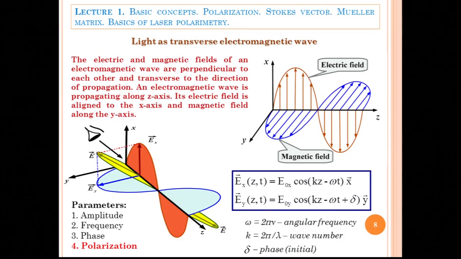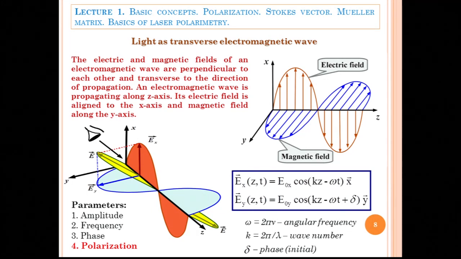Let's start with the light. You know that light is an electromagnetic wave. The electric vector oscillates, here you can see, in the X plane. The magnetic vector oscillates in the Y plane. And the direction of propagation is along the Z axis.